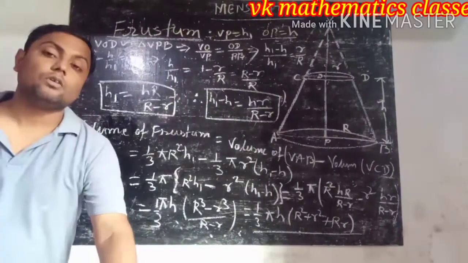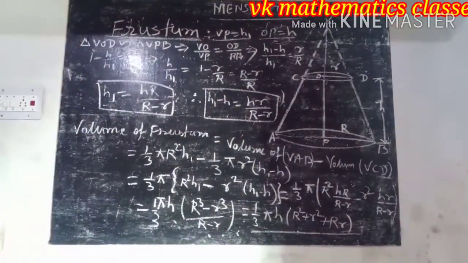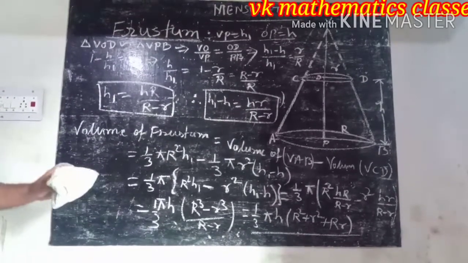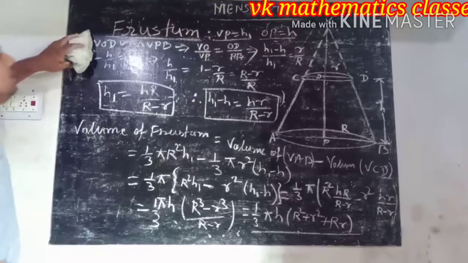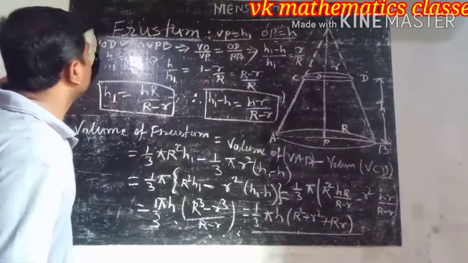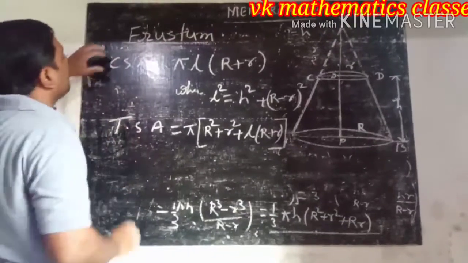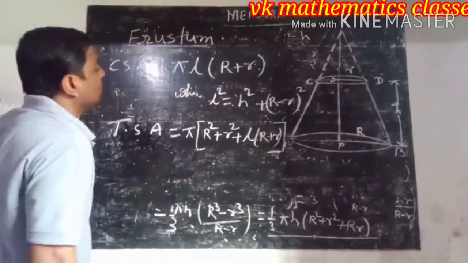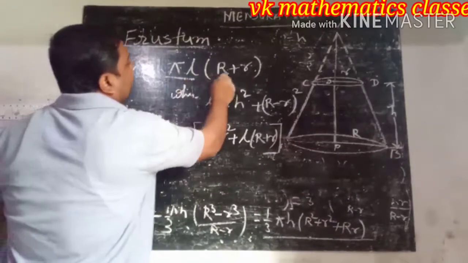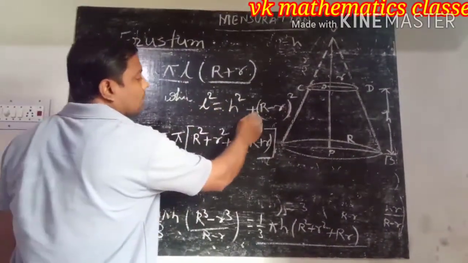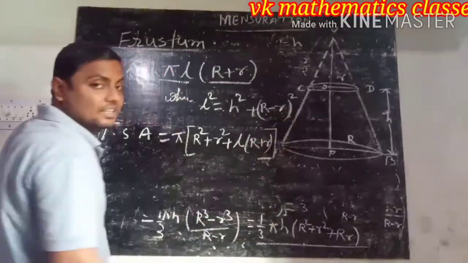Now we write here the curved surface area and total surface area of the frustum. Please write it down. CSA, the curved surface area of the frustum, is pi L into R plus r, where L square equals h square plus R minus r square.